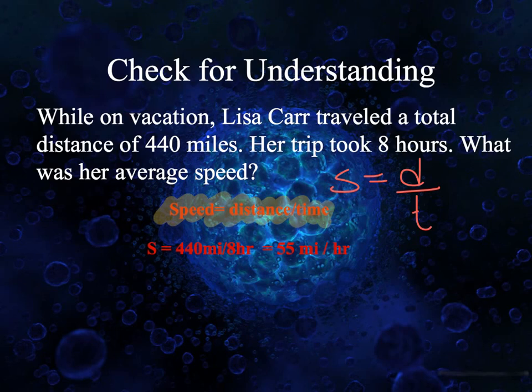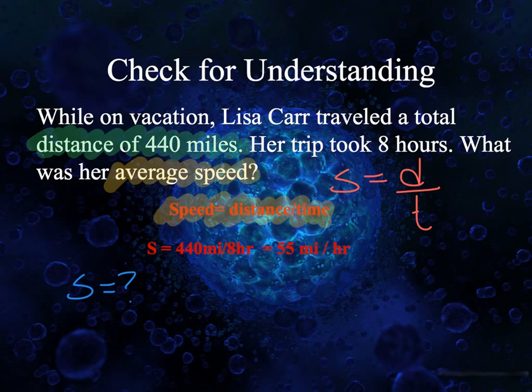So what we want to know in this problem is her average speed, so S is unknown. Then it says she traveled a total distance of 440 miles, so D is 440.